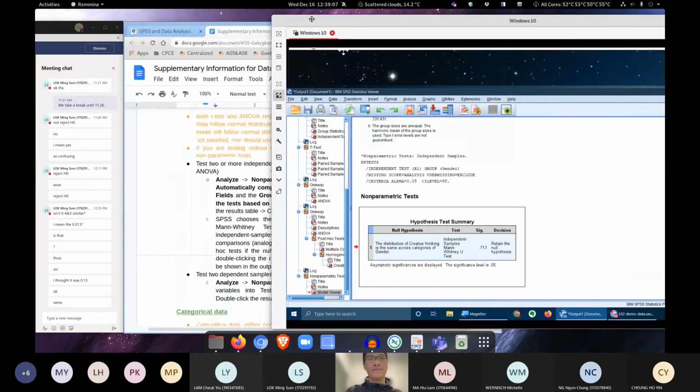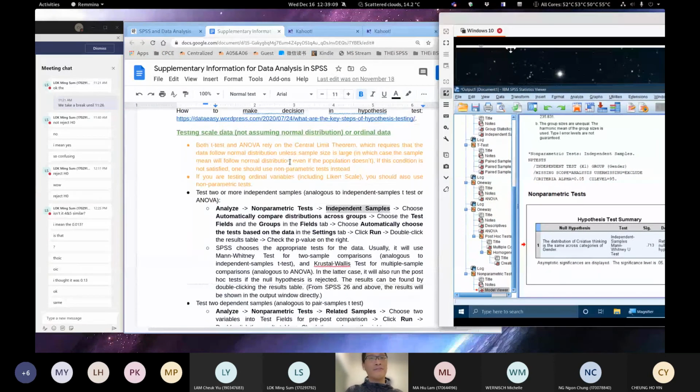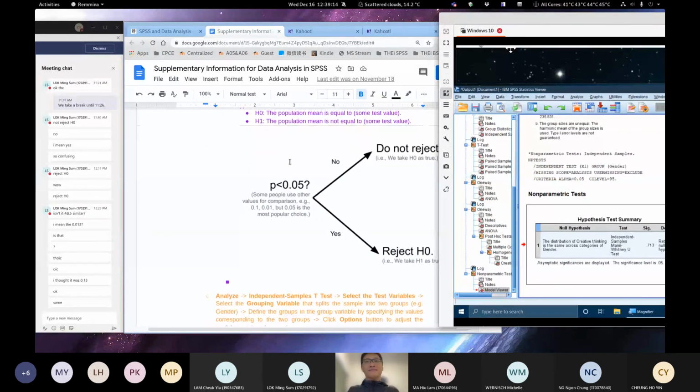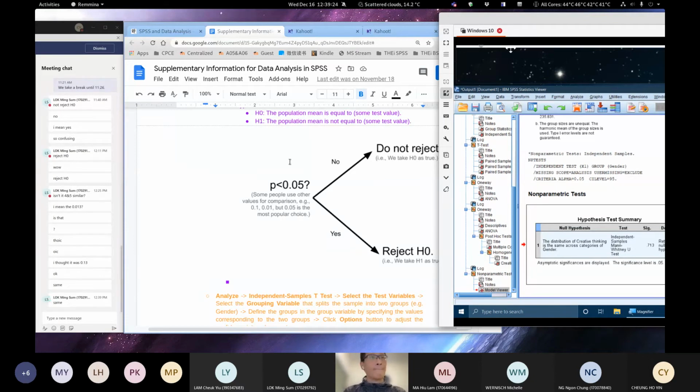Now, I ask you again, 0.713, so are they the same or not? Is the creative thinking the same or different across the gender? Yeah, they are the same.